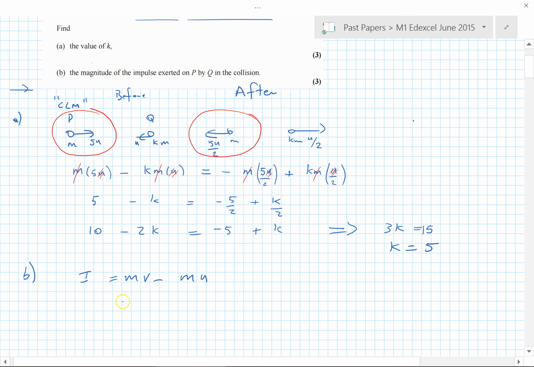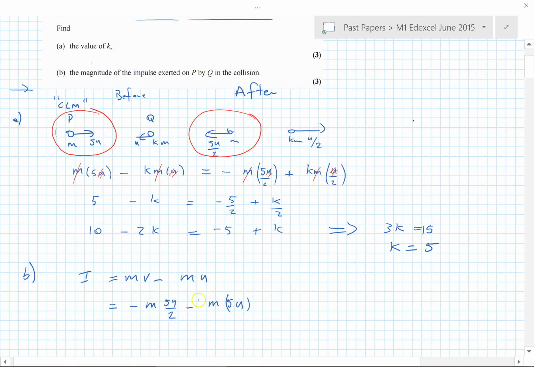So let's just have that. Now the final is minus, so it's m times 5u over 2, because it's going in the other direction. Take away mu, times m times 5u. That's for this particle before. This is momentum before.